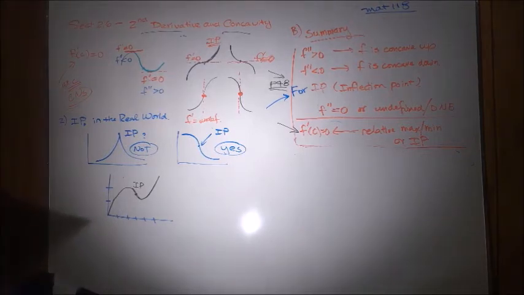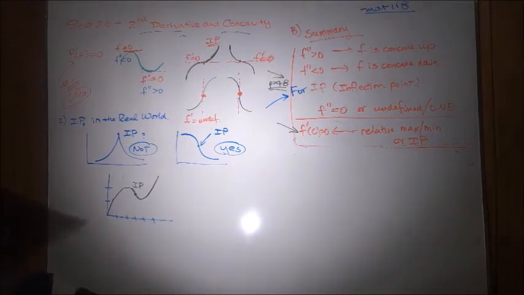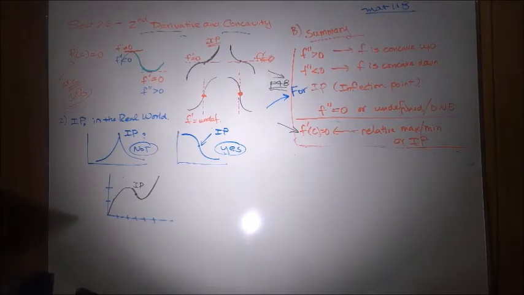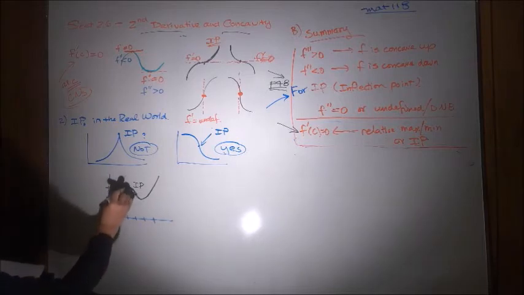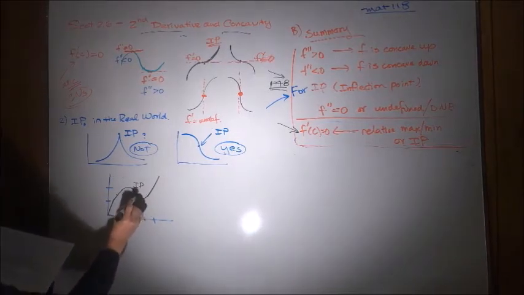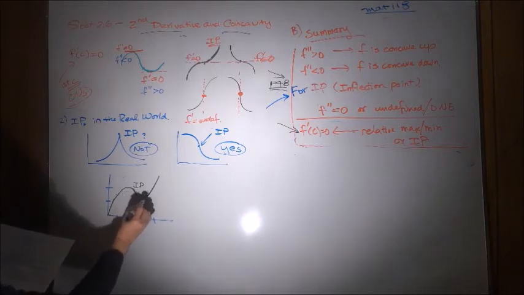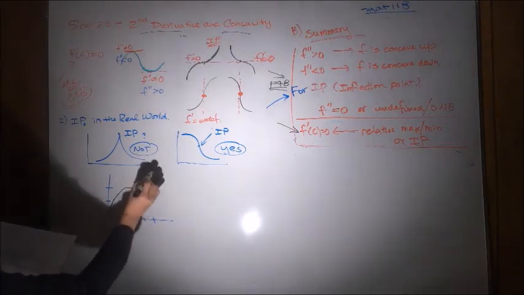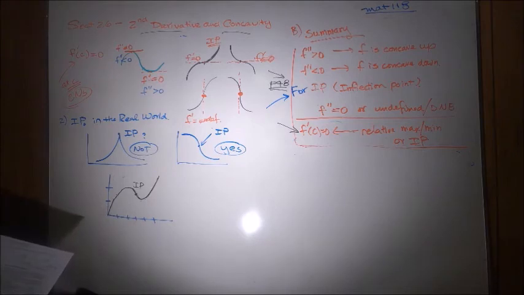So it says inflection points occur in many everyday situations. The graph on the left is typical of a company that first prospers, right? Prospers, then what? Falters, then recovers, right? Like this.